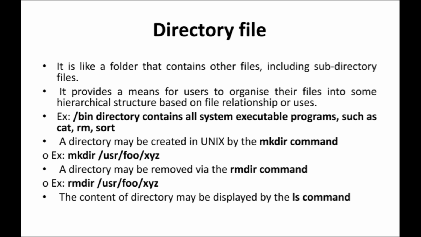You can see in the example, the bin directory contains all the system executable programs, ls, sort, rm, cat, like that. So I can group files into a directory, or else a directory can contain subdirectories also.